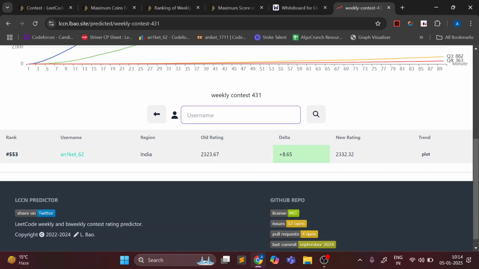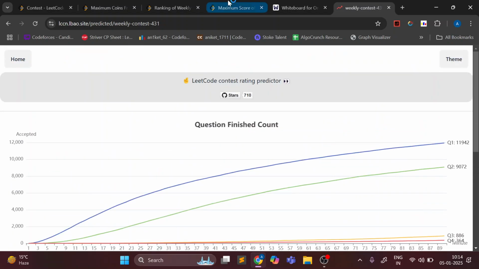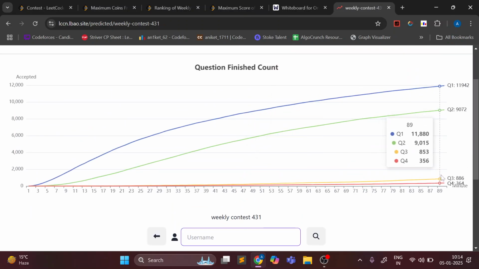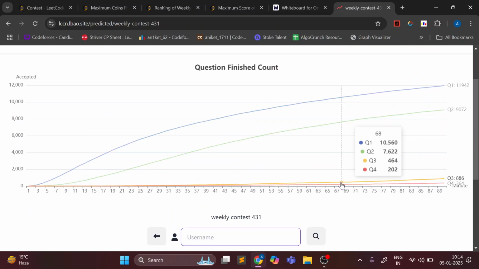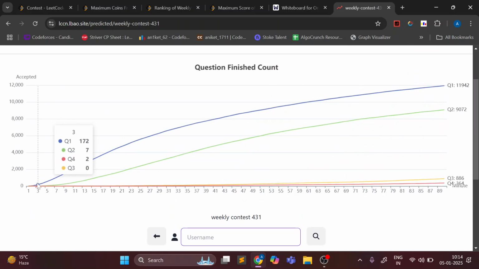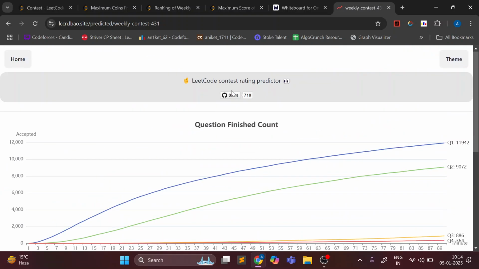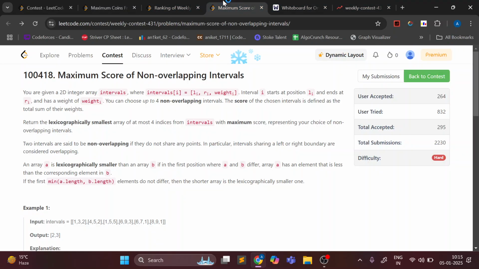So my current rating is 2324, this is in decimals, and my predicted rating is 2332. You can also check this out if you want. It provides some pretty good statistics over every 2-minute interval, how many questions were solved, whether there was a sudden spike in solves, etc. Check this out if you are not aware of this.